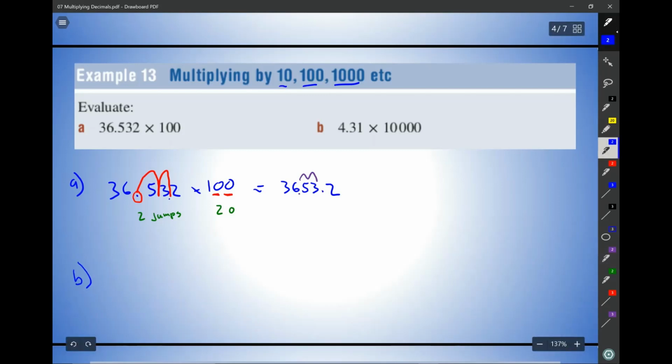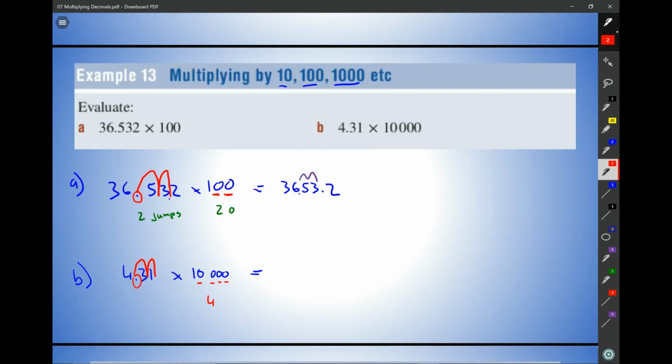And in part B, 4.31 times 10,000. We count up our zeros here. There are 4. So we pick up our decimal point and we jump it 4 spaces. Now, we've done 2 jumps and now we've run out of numbers.